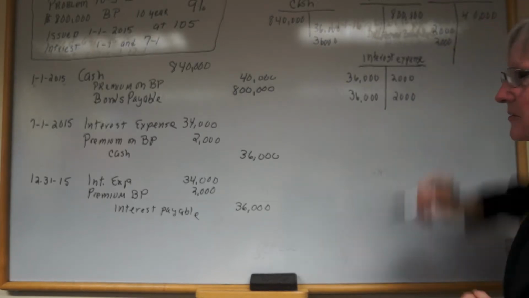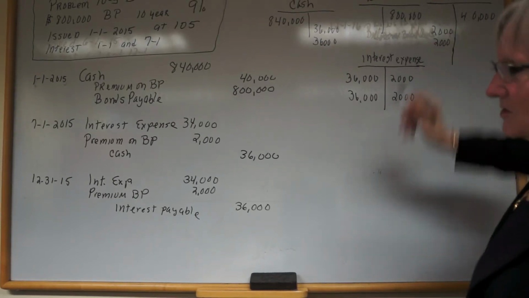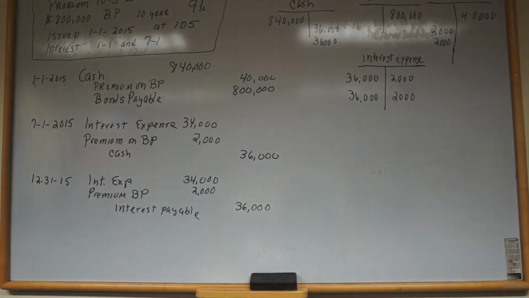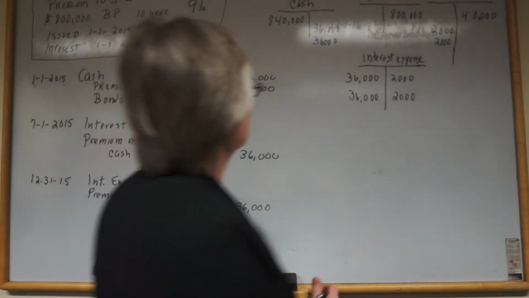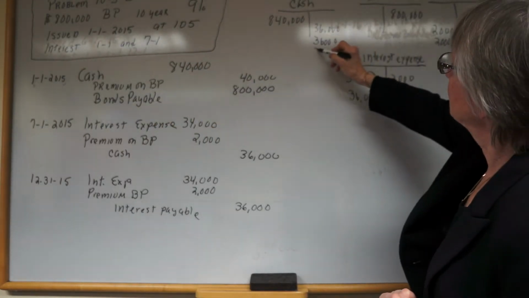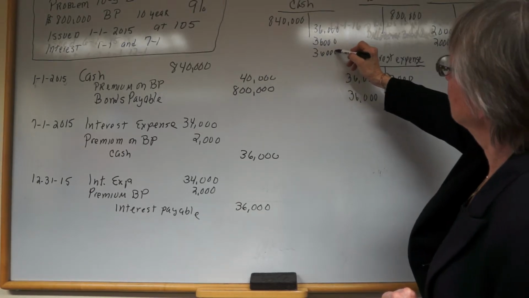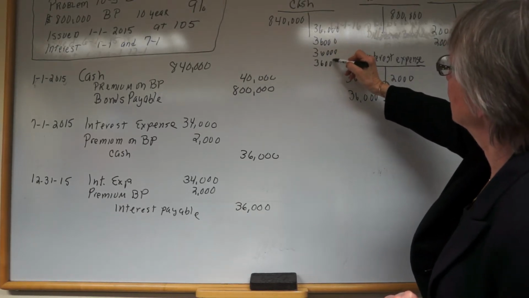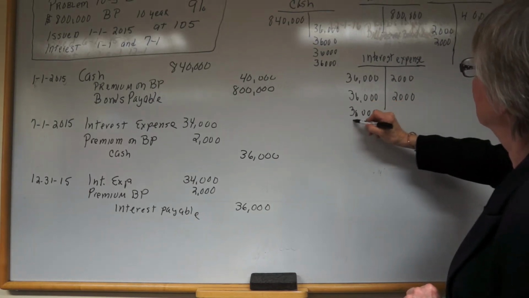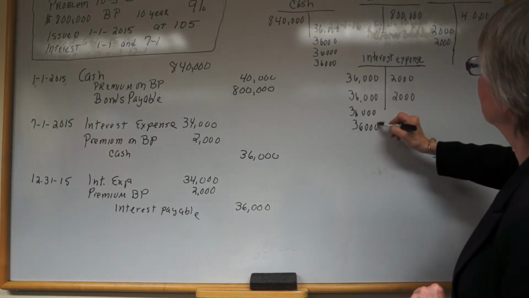Okay, so now, when we look at this, it says to redeem the bonds on 1/1/2017. So we would make these same journal entries again for 2016, okay? So we would pay the $36,000 in 2016, so we would have our interest, and these would obviously be closed out each year.